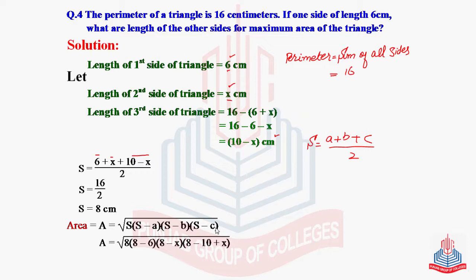So when we make S minus C, that will become 8 minus 10 plus x.